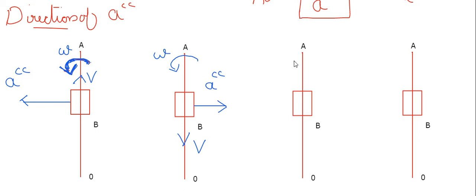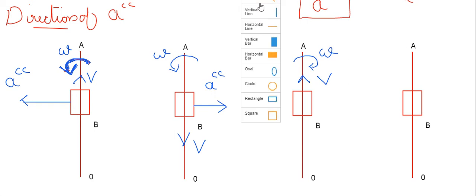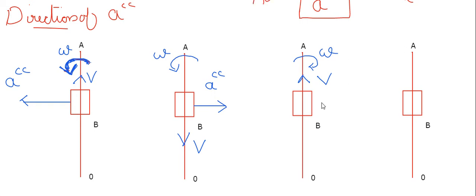Now the link is rotating in clockwise direction. So that means omega is in clockwise direction. Again the slider is moving with a velocity v in the upward direction. Now let's see how that translates into the Coriolis component direction. In this case, when the link is clockwise and the velocity is upwards, the Coriolis component will be towards the right.